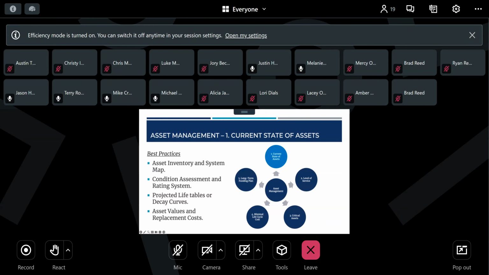So to achieve these goals, it's crucial to follow some best practices. So first, preparing an asset inventory in a comprehensive system map helps visualize where assets are located and what assets you have in store. Secondly, developing a condition assessment and rating system. This helps ensure that we can evaluate the state of your assets accurately.